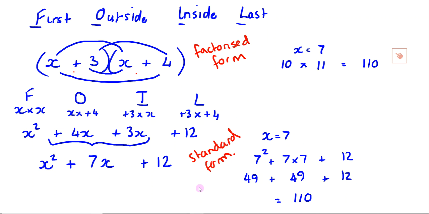Okay? Each one has specific uses which you'll see in the future. Right? How many terms does the standard form have? 3. How many terms does factorised form have? 2. Because x plus 3 is a term, and so on, yeah?